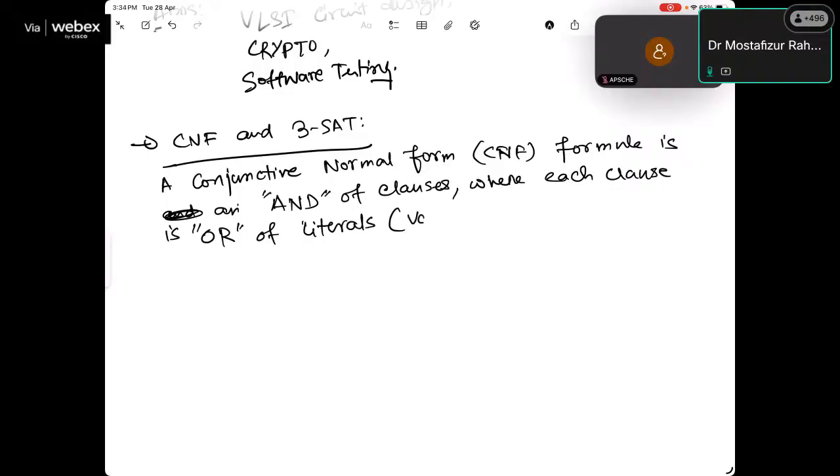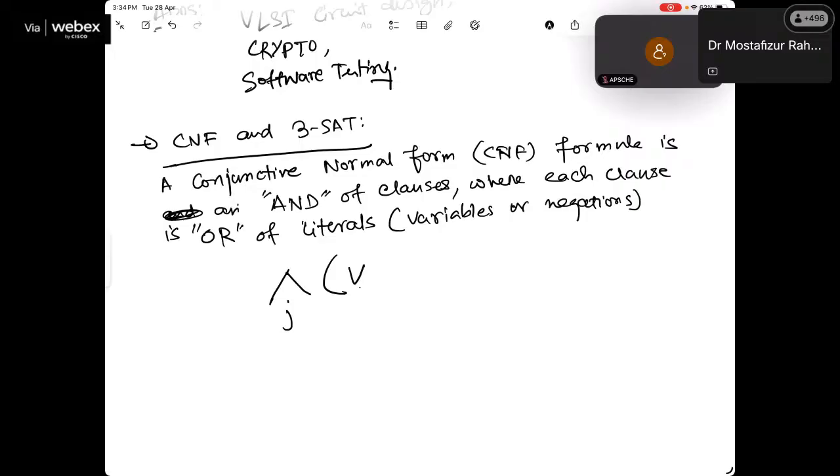These literals can be variables or negations. So it is typically written as an AND over clauses, and an OR over variables x, j, i.